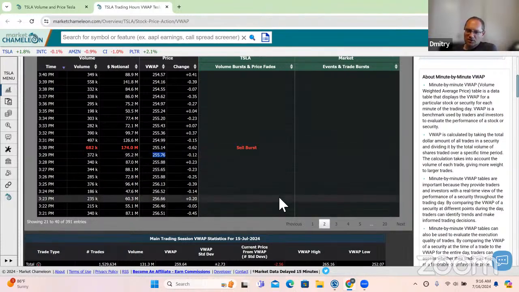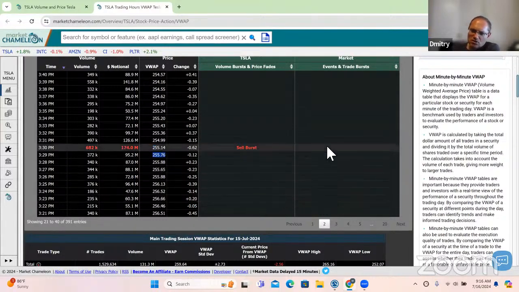Well, if the stock goes from 255.76 to 255.14, on a downtick, we traded lower, then we tag it as a downtick burst, or we say a sell burst, because sellers had to step lower to push that price down. So that's why we tag it as a sell burst over here.